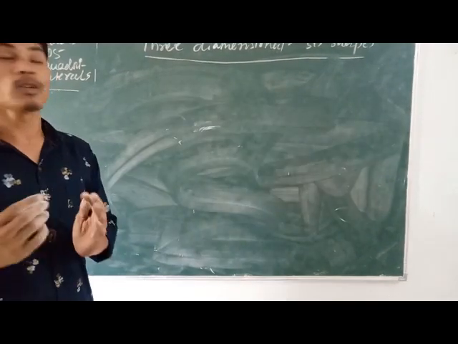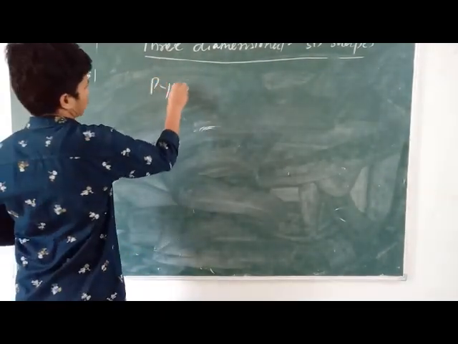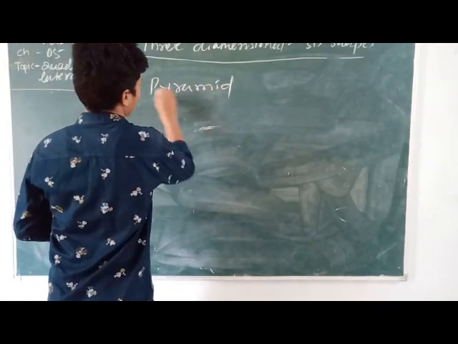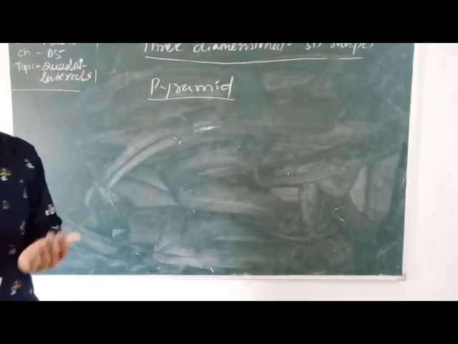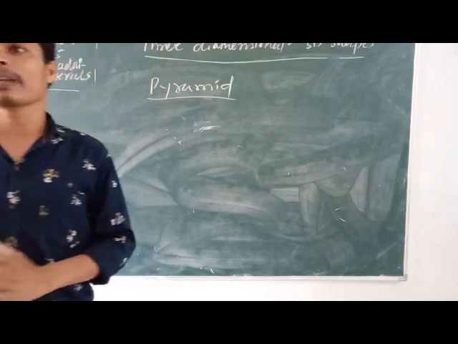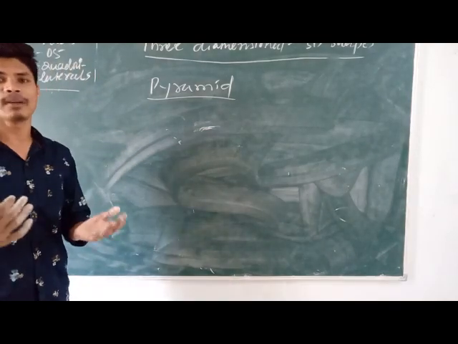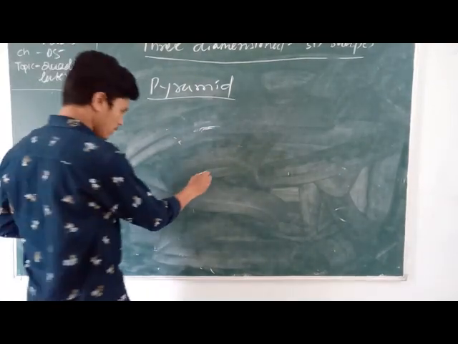Now we discuss the pyramids. What are pyramids? Pyramids come in different types: triangular pyramid, square pyramid. Let us see examples of a pyramid.